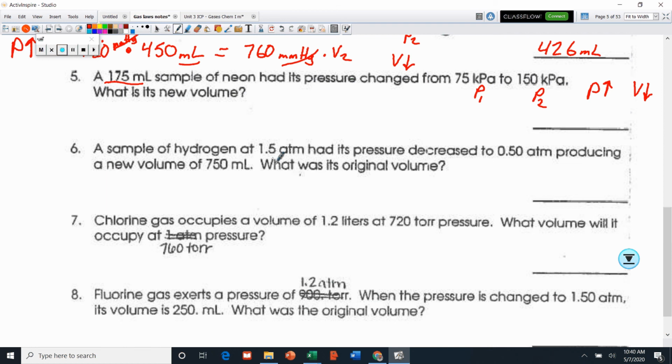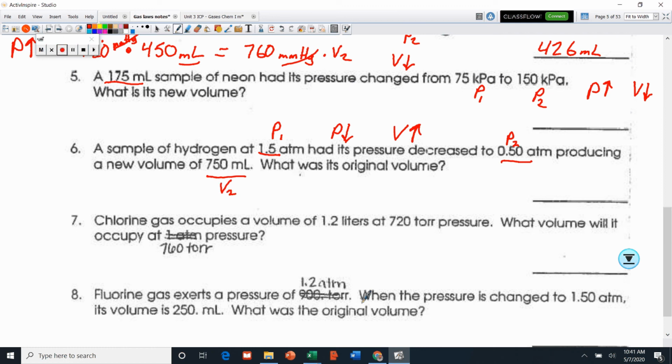Looking at this one, we have 1.5 atmospheres to 0.5 atmospheres. If I call this P1 and this P2, that means pressure is decreasing, so volume should increase. And this is actually our V2.